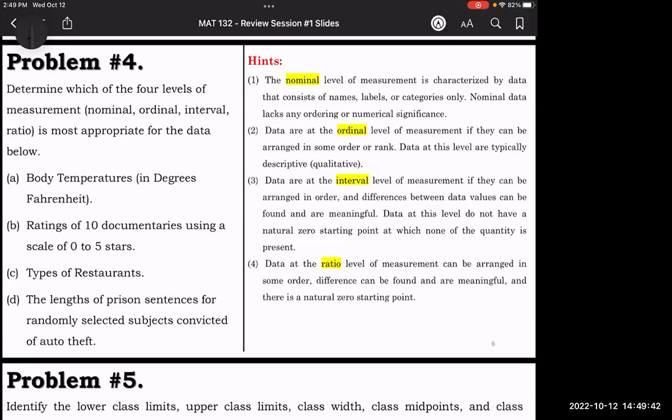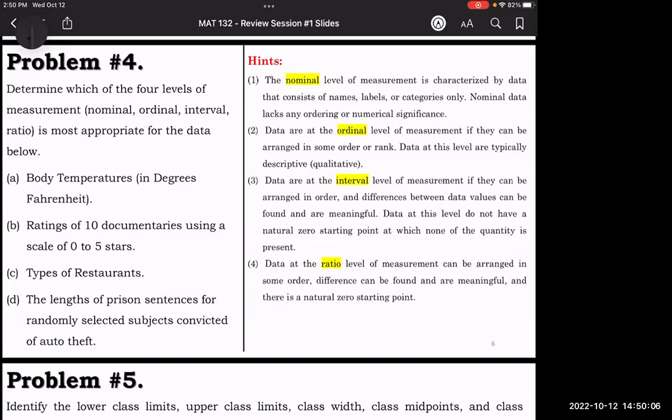What about ordinal? Can body temperatures possibly be put in some sort of ranking? Yes, it can. You can put body temperatures in a ranking, right? For example, my body temperature could be 97.1, but yours could be 97.2. Is that a ranking? Yeah, there's some sort of rank or order to it, namely in temperature, right?